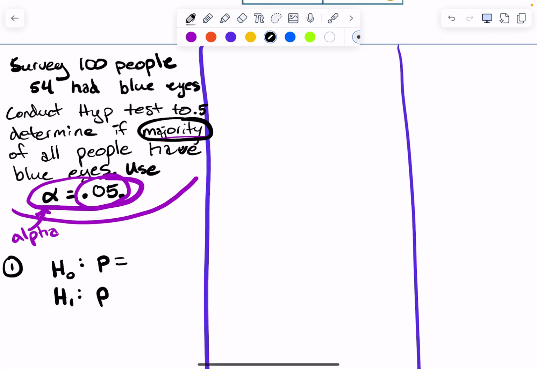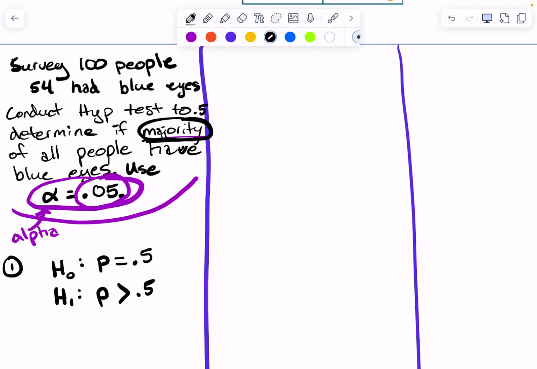Equal. Somebody said that. Equal, okay? So we're going to say equal to 50%, right? Or equal to 0.5. Then I want to see, okay, maybe it's not equal, maybe it's actually greater than 0.5 because majority would be more than 0.5, okay?